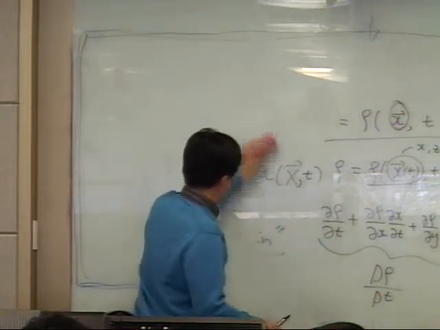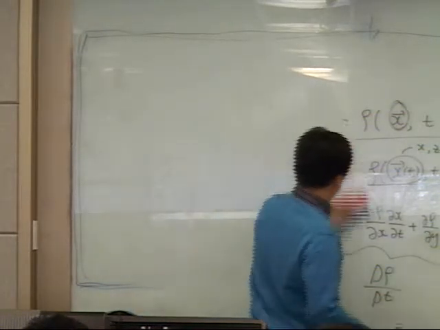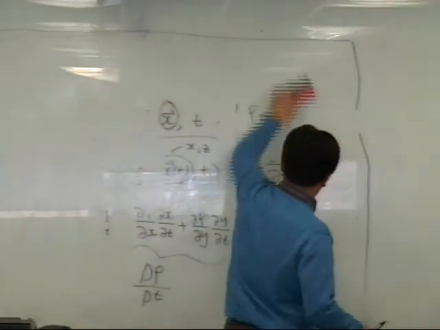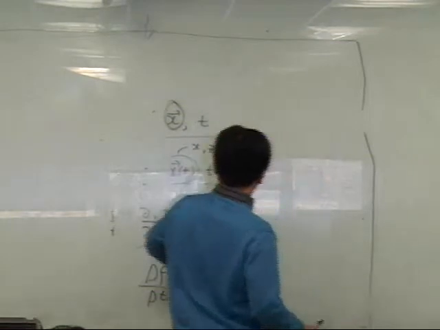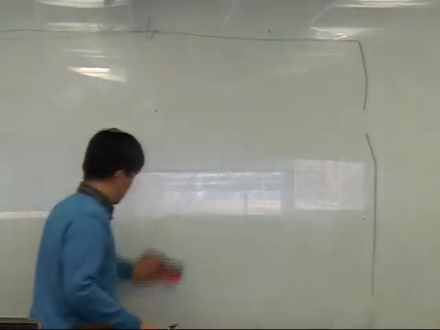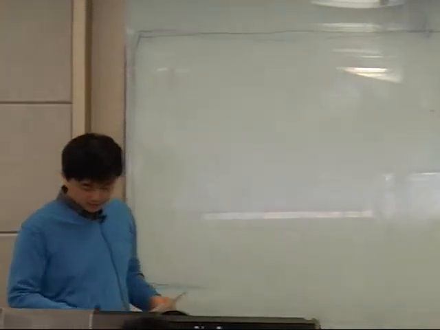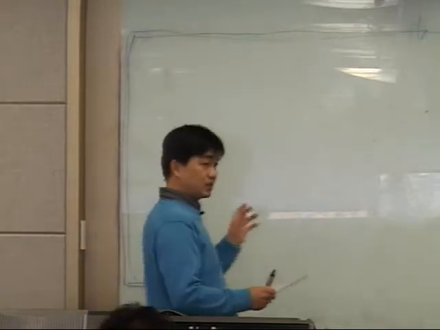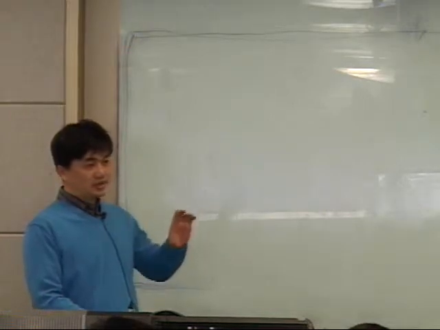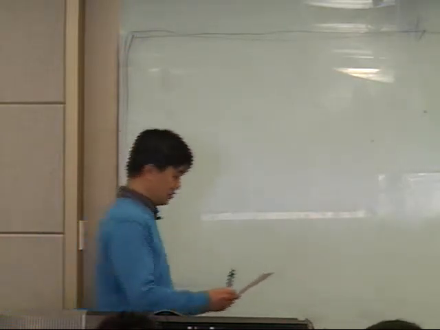So I need to talk more about the continuity equation. Continuity equation means just that the mass increase in the control volume is exactly the same as the mass in minus mass out. Okay?